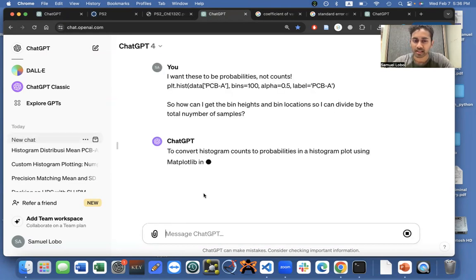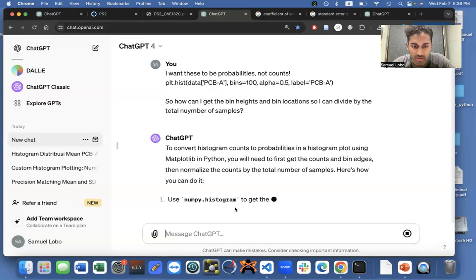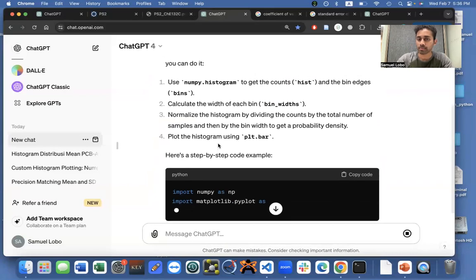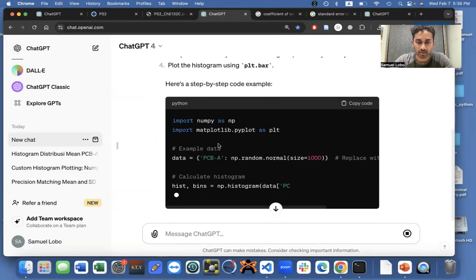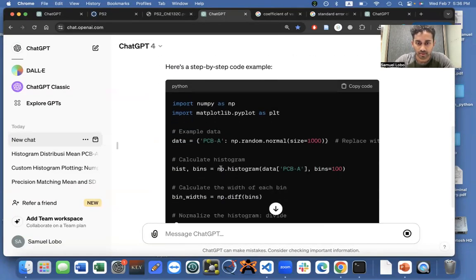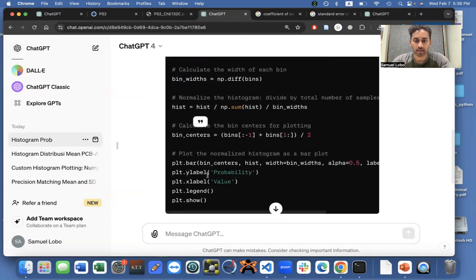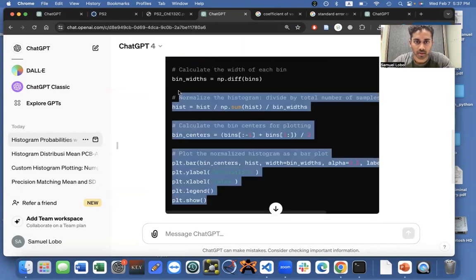Okay. So let's see what it says. It's recommending this other method called np.histogram. It's a method that's gonna output hist and bins. So hist seems like it'll be the heights of the bins, and bins seems like it's gonna be the location of the bins. So yeah, let's just take this method and see how it looks.